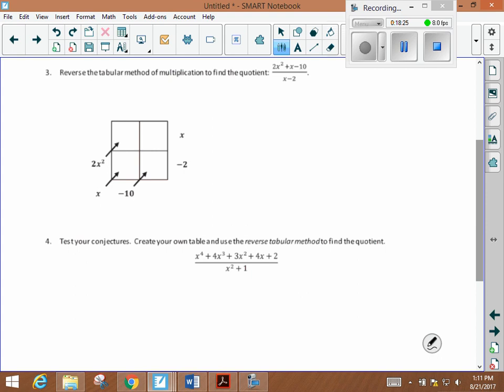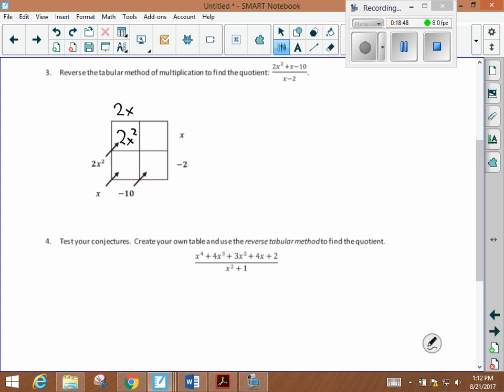So 2x squared has got to go in there. That's an easy one to fill in. It's always going to match. Now to get the top, I need to think, what do I multiply 2x squared by to get x? Well, that's going to be just 2x, right?